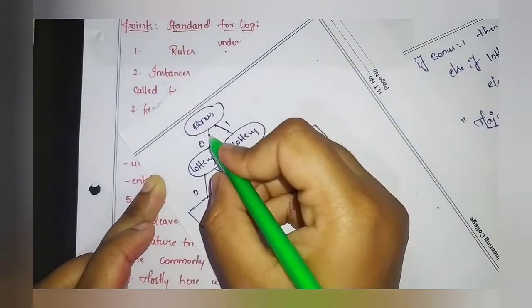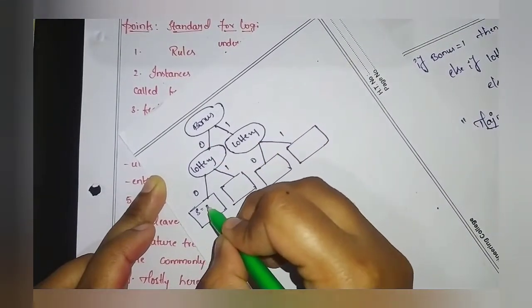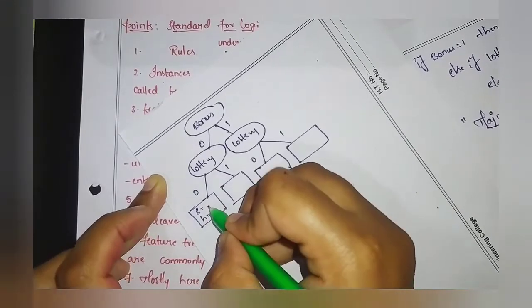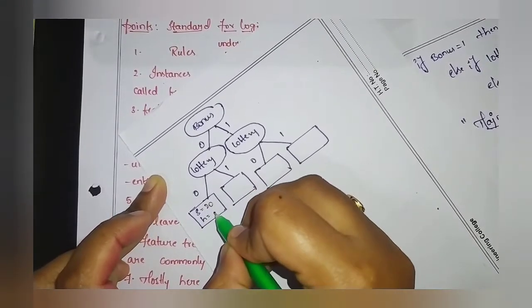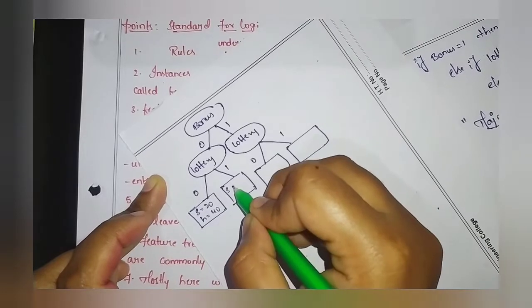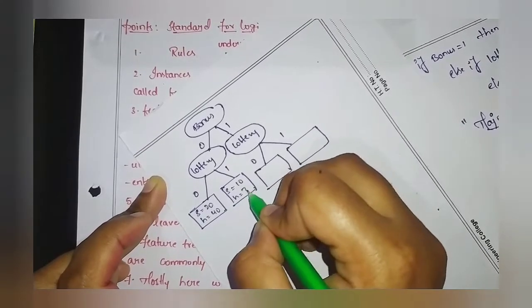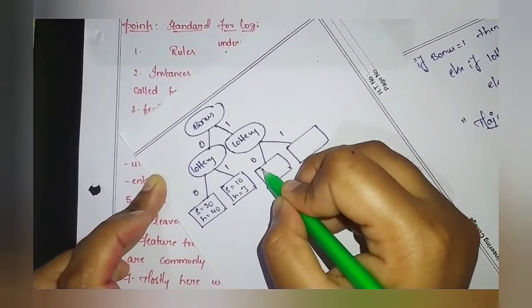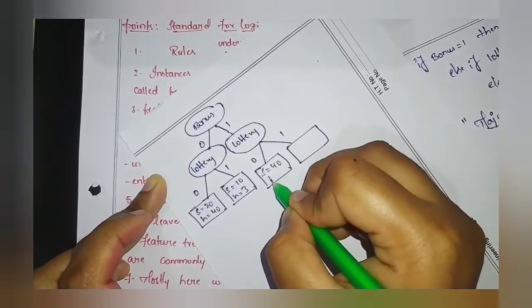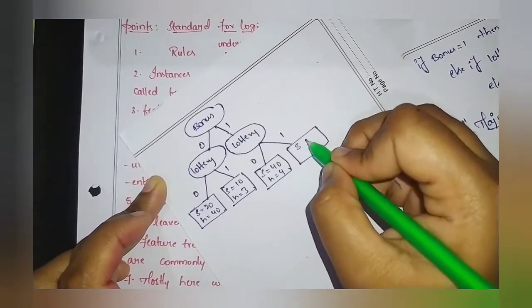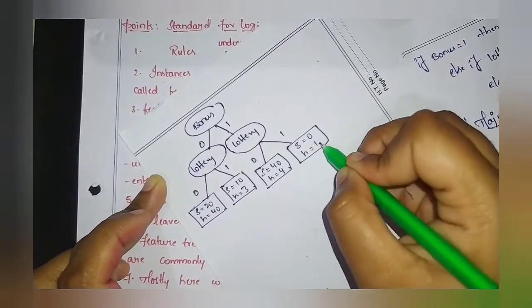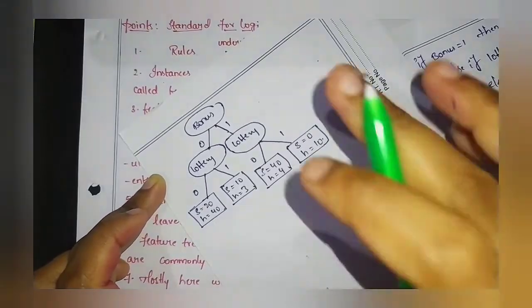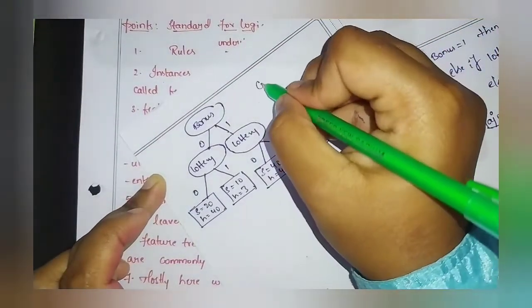When bonus equal to 0 and lottery equal to 0, I'll assign spam equal to 20 and ham equal to 40. Here spam equal to 10 and ham equal to 3. Then spam equal to 40 and ham equal to 4. Then spam equal to 0 and ham equal to 10. Fine, now this is a complete feature tree.